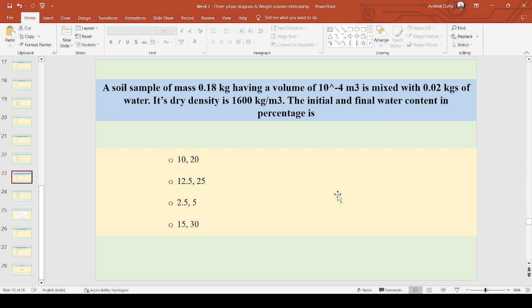That is, initial means before addition of 0.02 kgs of water, and final means after the addition of 0.02 kgs of water. Given its dry density is 1600 kg per meter cube. Your options are 10 and 20, 12.5 and 25, 2.5 and 5, or 15 and 30.